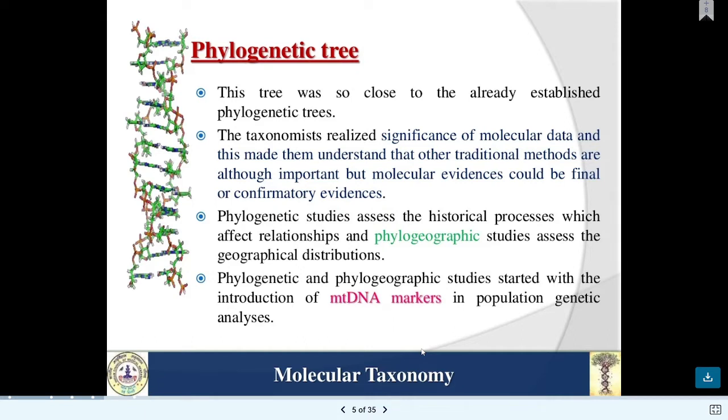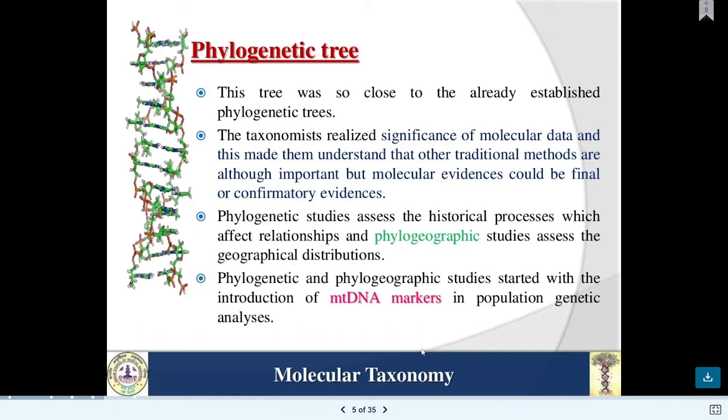This made them understand that other traditional methods, although important, could be supported by molecular evidence as final or confirmatory evidence, because the knowledge that is already stored in the DNA material is foolproof, reliable data. Without any observational or physiological characteristic, we can rely 100% on molecular data.